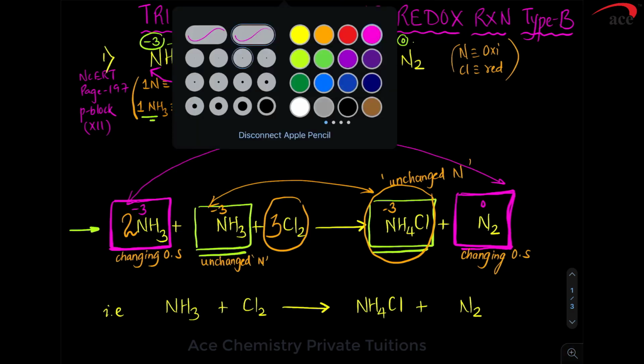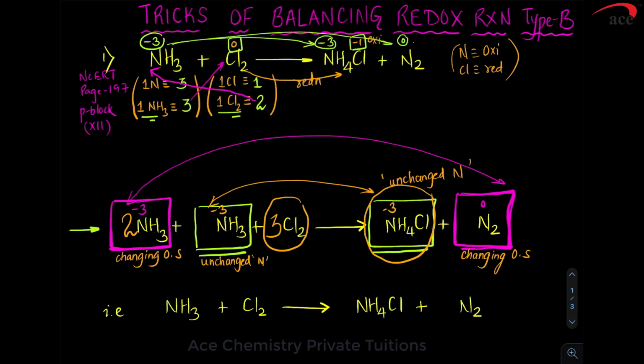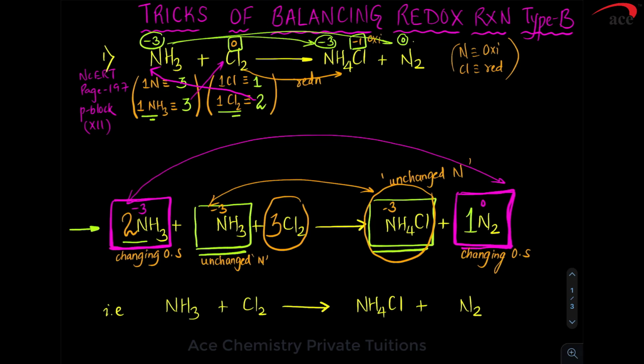So now we look at the balancing associated with this. How many nitrogen are present here? 2. So how many nitrogen should be present in the similar pink color box on the other side? It should be 2 nitrogen only. If we put 1, it's 2 nitrogen only. So nitrogen is balanced. I'll call it changing nitrogen balanced.